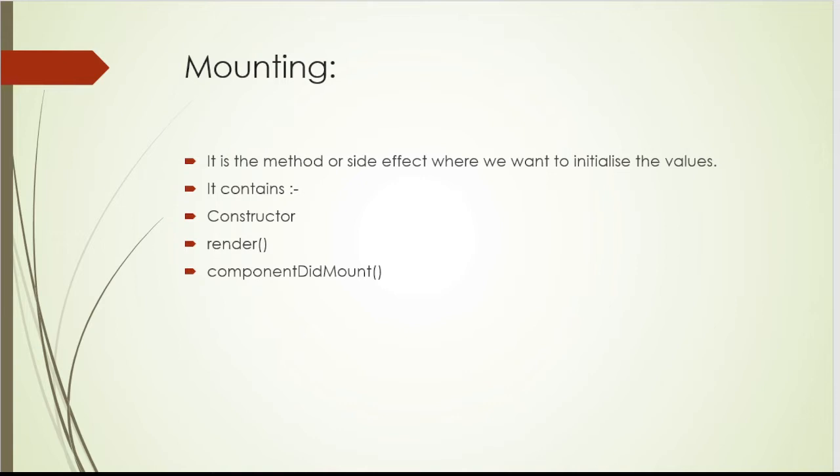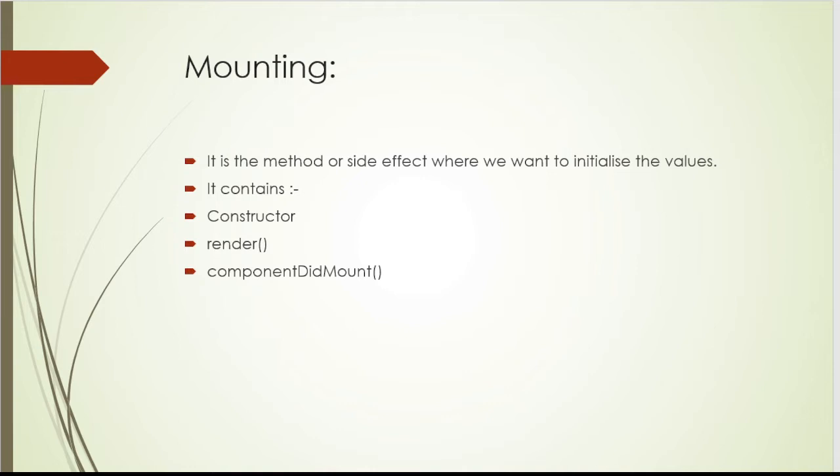Coming to this, first is the constructor. We all know that when execution happens, the first execution is the constructor. It is the initial part where we initialize the values. And then render in a class-level component. I already explained in the earlier tutorial what a component is and the importance of render in class-level components.